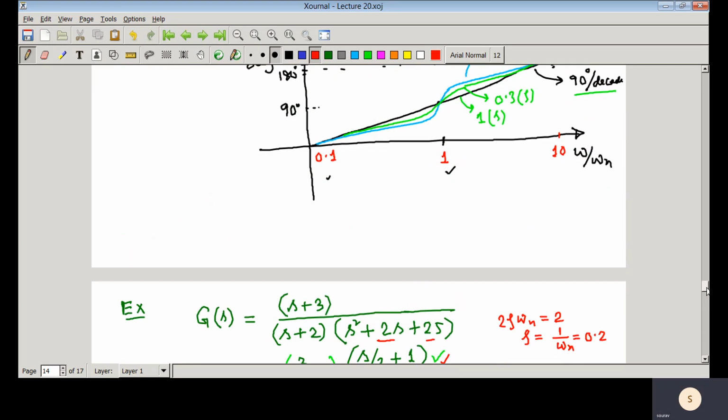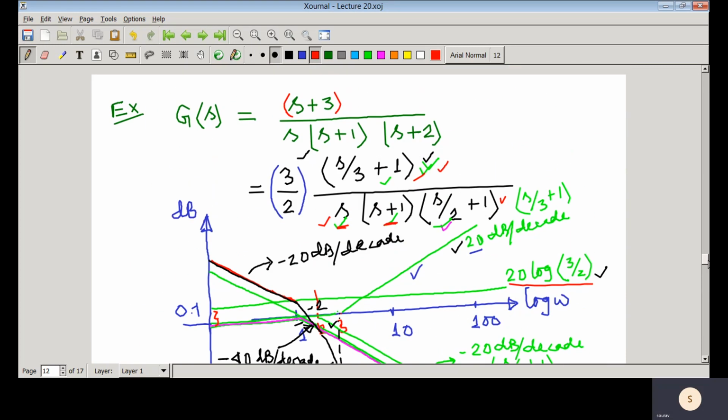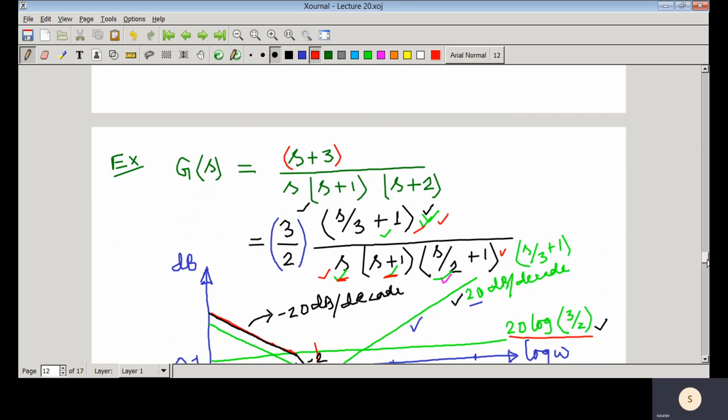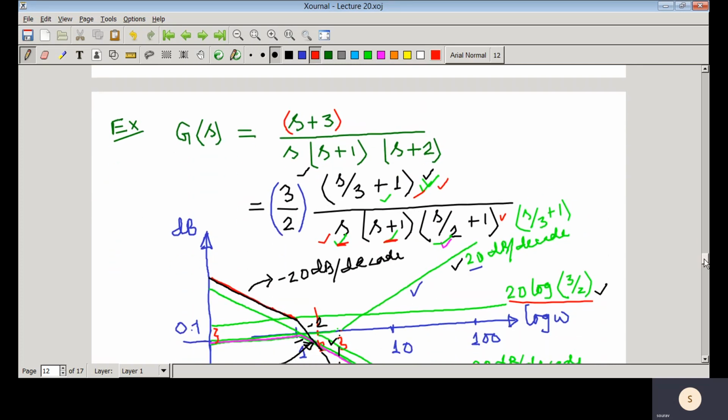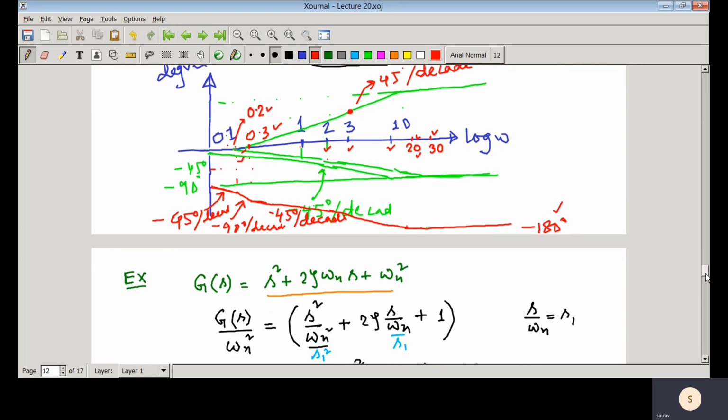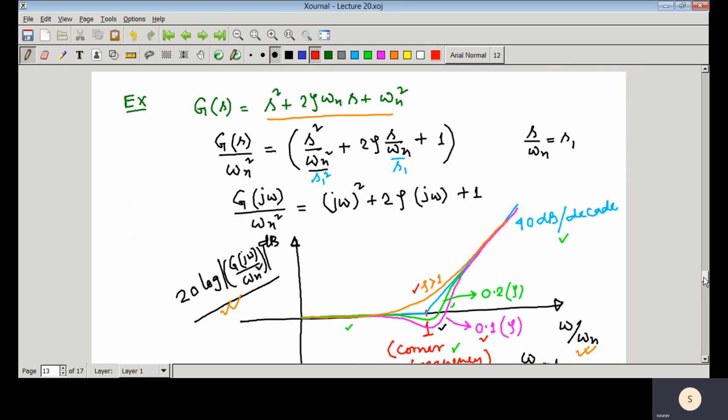What we have done in the Bode plot is we have discussed the different factors, the first order factor 1 by s plus a, and the second order term, and here we have taken that second order term and shown what would be that asymptotic plot. And here it was in the numerator, that means the denominator is 1.